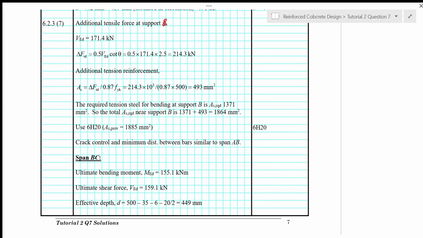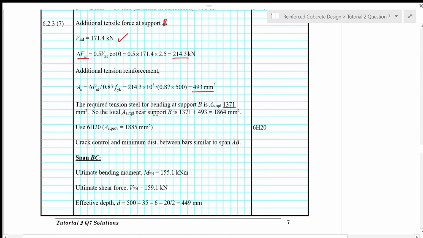And then we calculate the additional tensile force at support B, where we have the design shear force of 171.4 kilonewton. And then delta FTd is calculated to be 214.3 kilonewton, and we calculate the additional tension reinforcement, and it gives 493 square millimeter. The required tension steel for bending at support B is As required, which is equal to 1371 square millimeter.